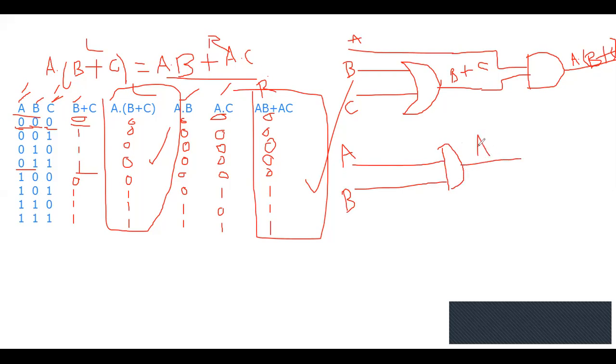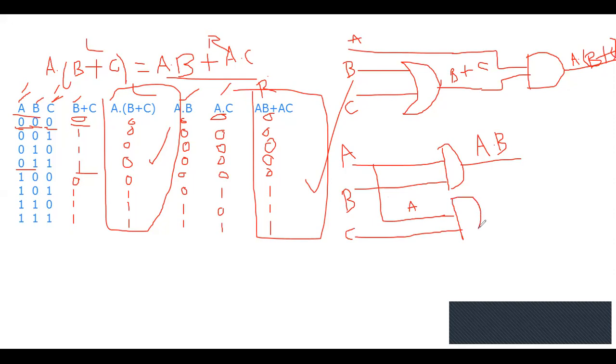Then A dot C. For getting A dot C, A is taken from here, dot C. This is C. This is A. Now dot operation means which gate?